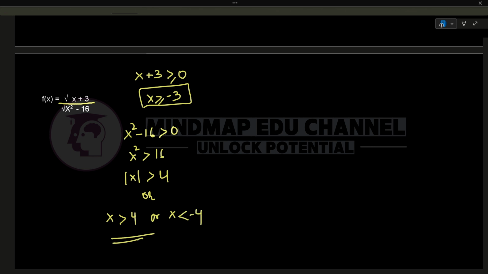Now, the denominator cannot be equal to 0, but it is a radical function, so it should be greater than 0. So, here x square greater than 16. Whatever value of x we put, x square will always be positive. So, we will take mod of x greater than 4. Clear? What does this mean? This means that x is greater than 4 or x is less than minus 4.